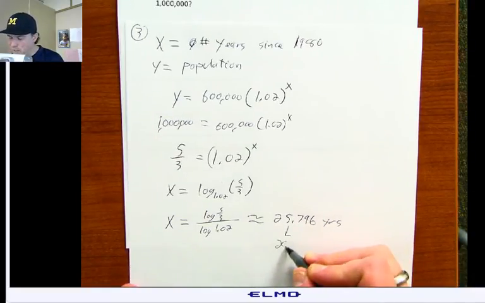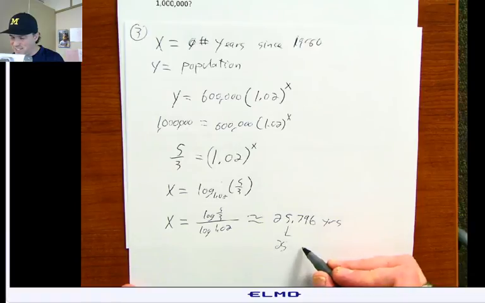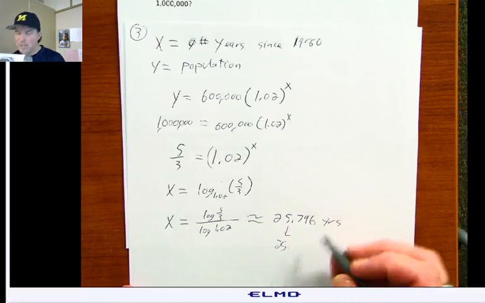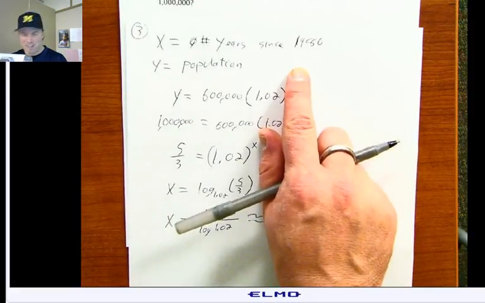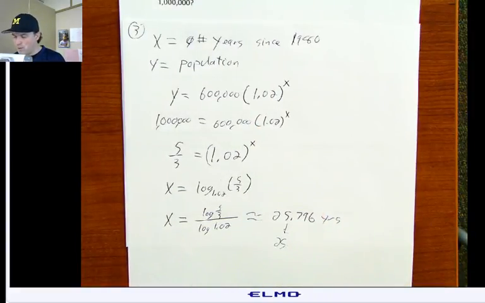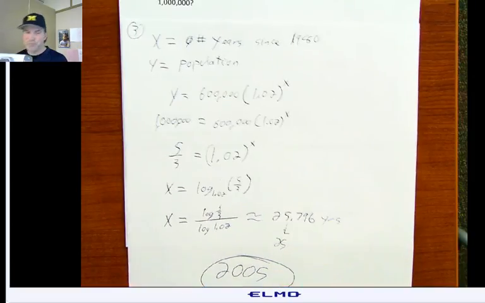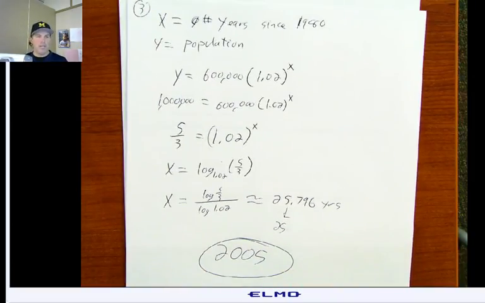So instead of thinking 25.796 years, I would just think 25 years, and it's the number of years since 1980, so 25 years after 1980 is the year 2005. So be careful. This is one of those situations that you must round the decimal down if you're talking in what year. Of course, that's assuming January 1st, which is what we're going to assume on this problem.